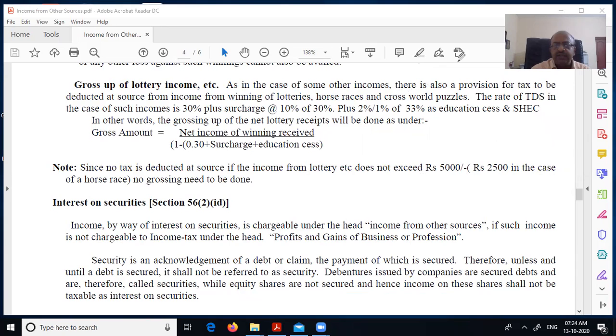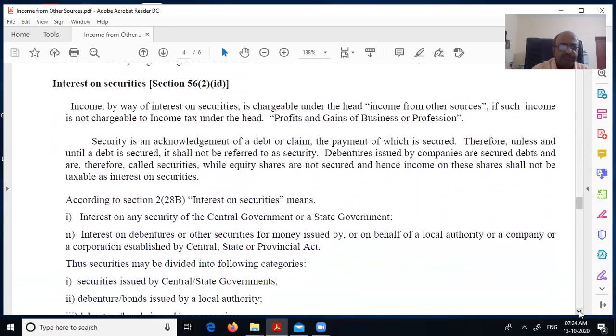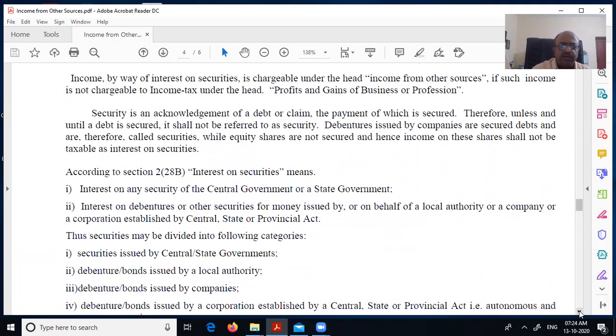Then the next thing that we have mentioned in the charge section is interest on securities. What is coming under interest on securities? Interest on any security by central government, interest on debentures. Securities can be divided into the following categories: securities issued by central government, debentures by local authority, debentures by companies, debentures by corporation established under Provincial Act.